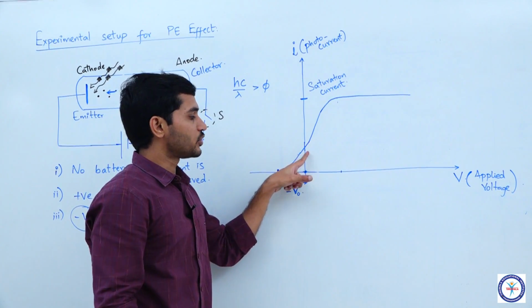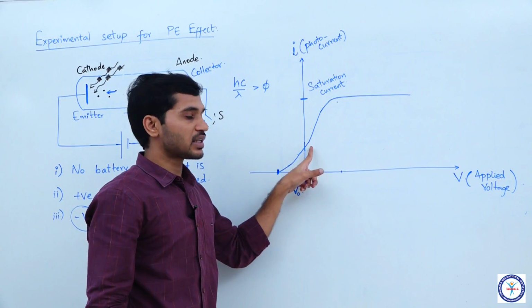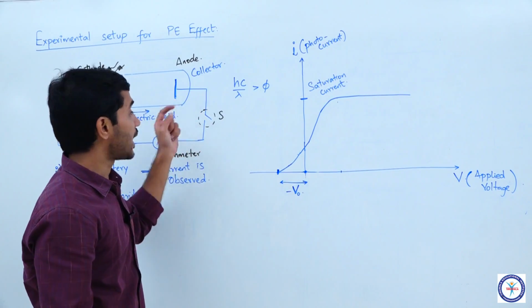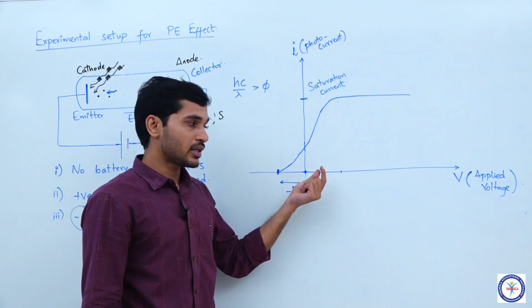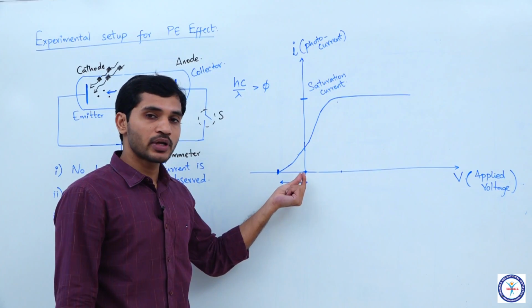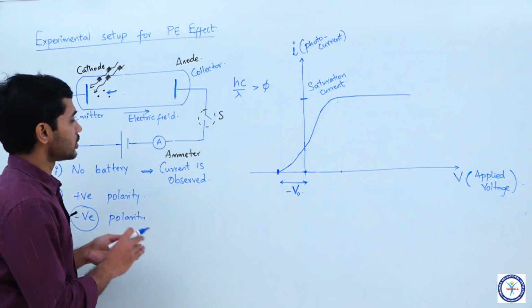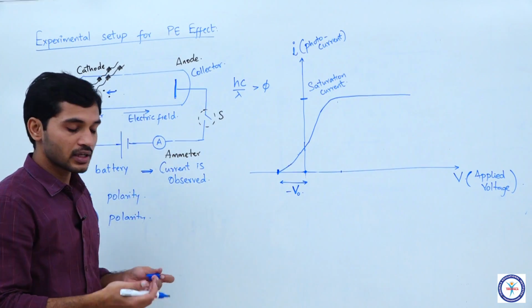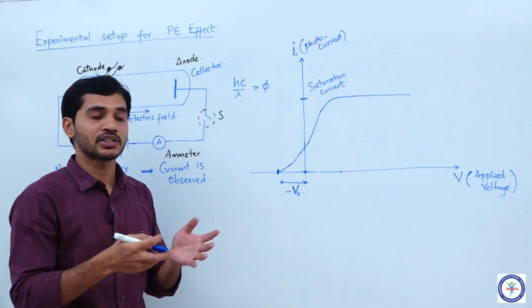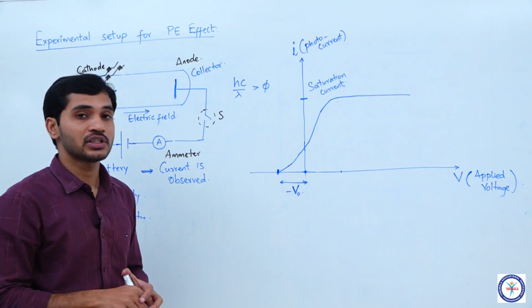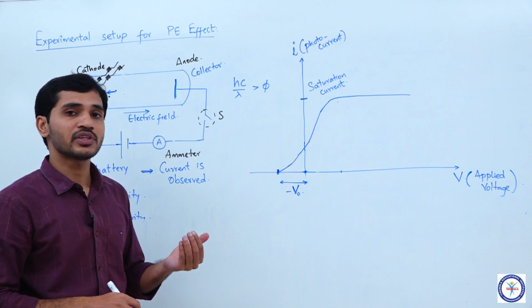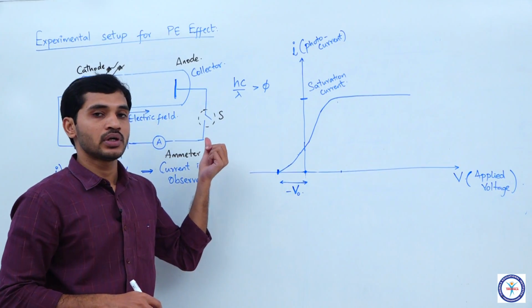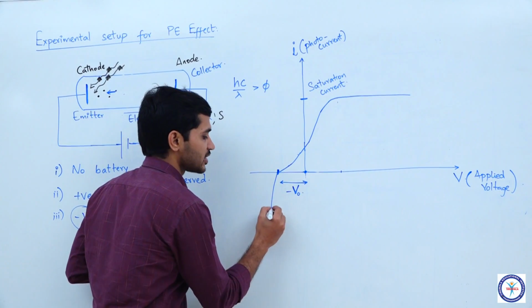As you increase the voltage of the battery, the current keeps increasing, because more and more electrons will be able to reach the anode. In the same manner, when I change the polarity to the negative side, the electrons which are coming out will be opposed by the electric field produced by the battery inside the tube, and the electrons will slow down, and sometimes even the fastest moving electron might not be able to reach the anode, and this is the point which signifies that.